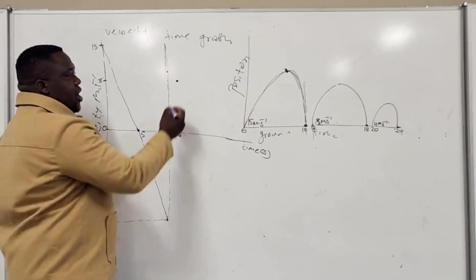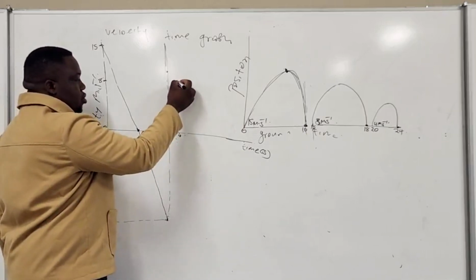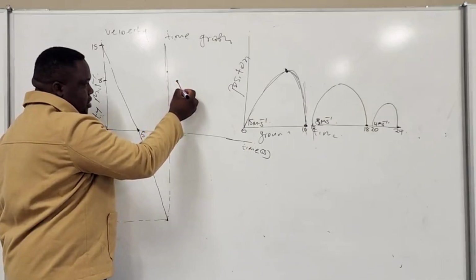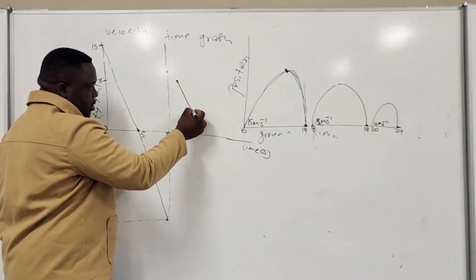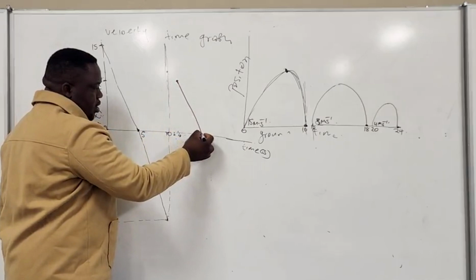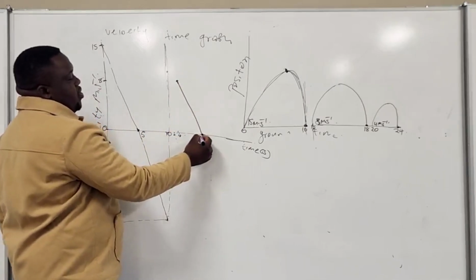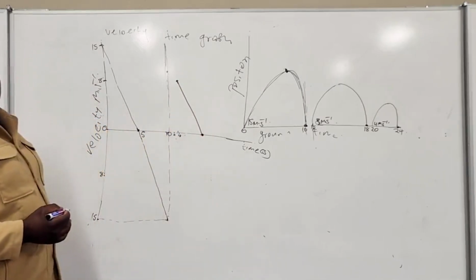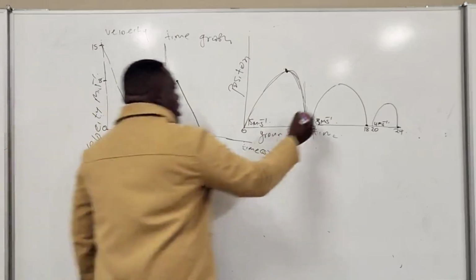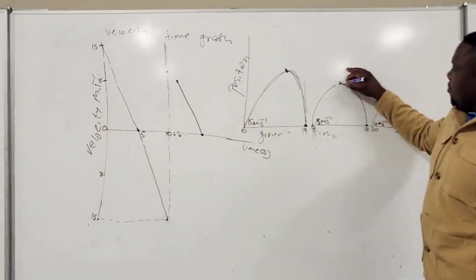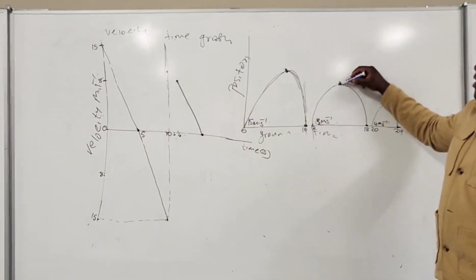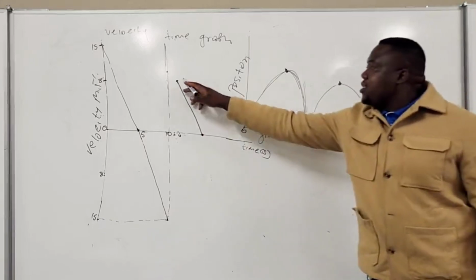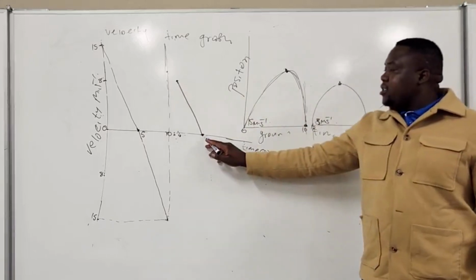So I'm going to draw my graph like that. It is approaching 0 as the velocity is decreasing. The velocity is now 0. This represents the maximum height at this point.